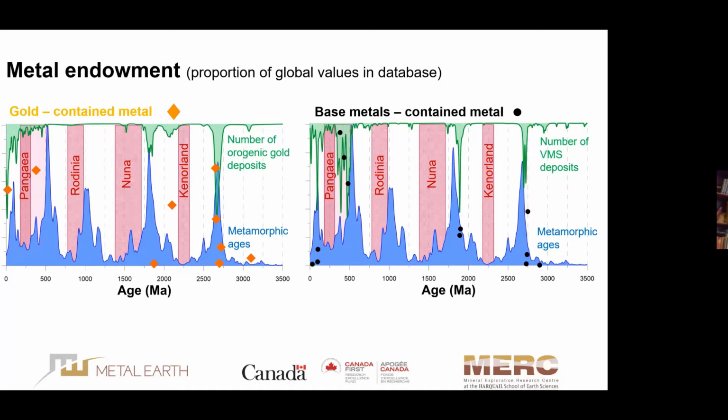One sees that the various deposits, both VMS and orogenic gold, are fairly closely tied to the amalgamation phases, and they have very variable endowment between some of these major blocks.